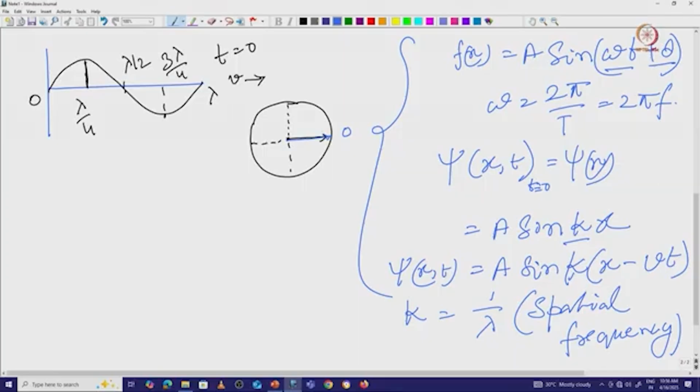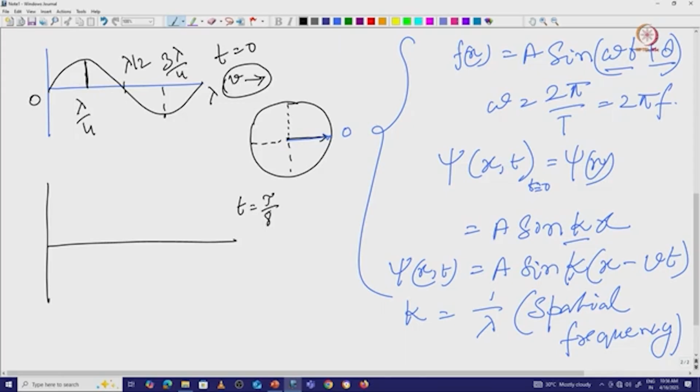Now, we are doing the second one. That is the reason we put v here, because we have some velocity. Initially we are measuring this when t is 0. Now, we are considering that the time t is divided by 8.